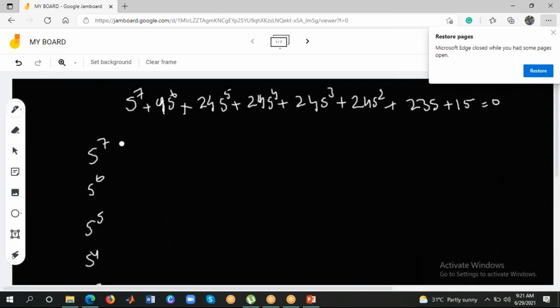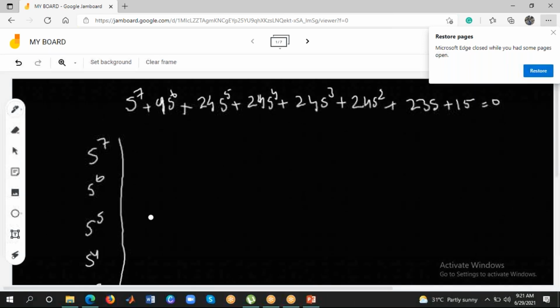These terms we have to write. Now the highest order is an odd number, right? So first of all, the first row should be formed with respect to those odd-power terms. So first of all, write those odd-power coefficients.